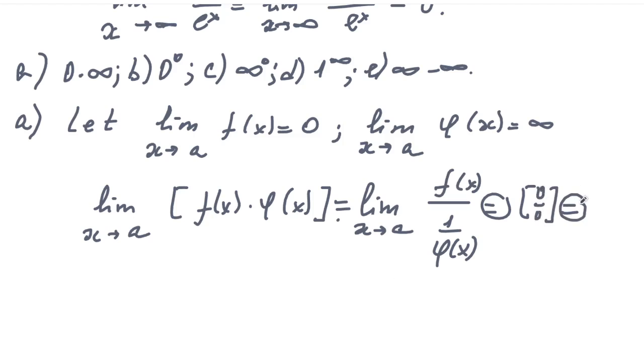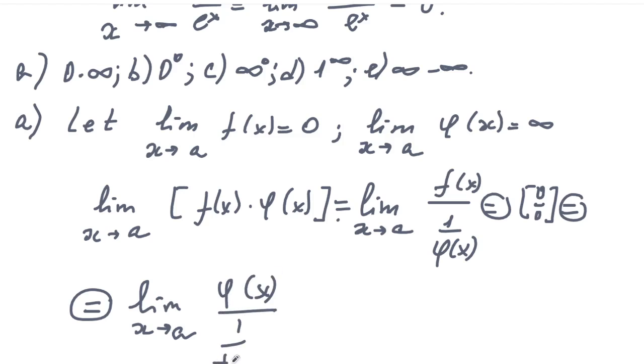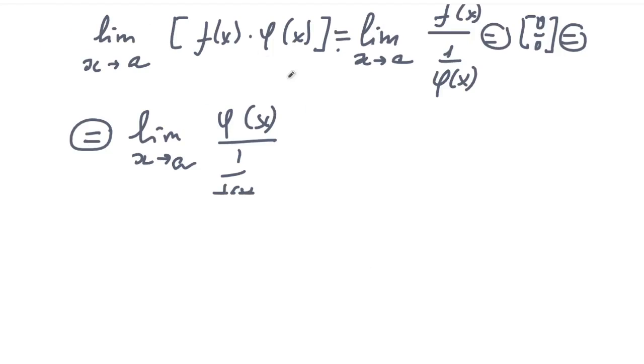Or we can rewrite it in the form phi of x over 1 over f of x. Sorry, not very good. Yes, and we have the indeterminate form infinity over infinity, and we can use the rule of L'Hopital again.